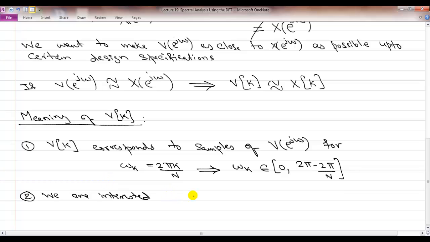So we are interested in knowing about continuous frequencies.